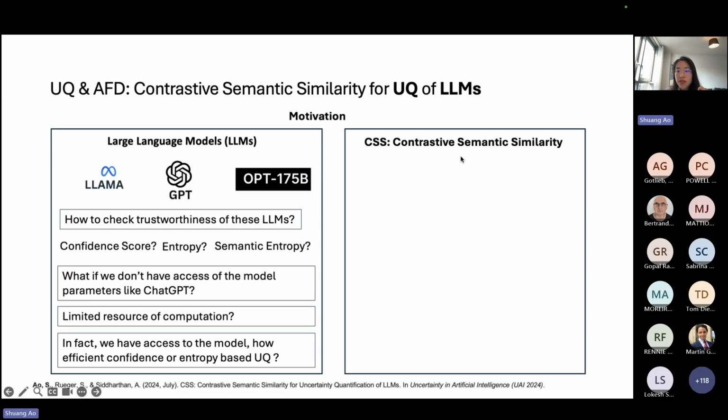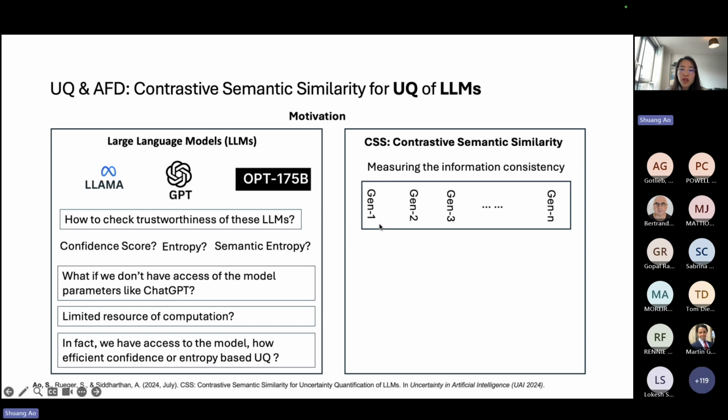It's called contrastive semantic similarity. We treat the large language model as a black box, and we use the information consistency to reflect its uncertainty. For example, for a given question, you have multiple generations, like 20 or 30.